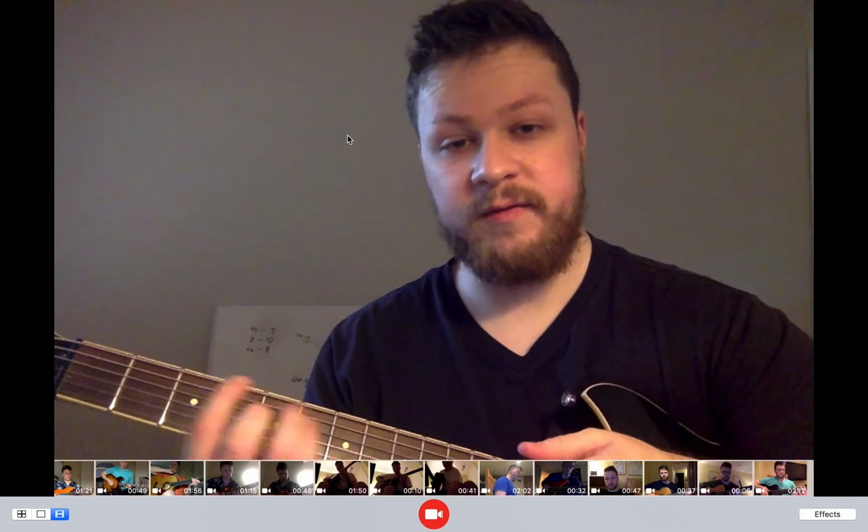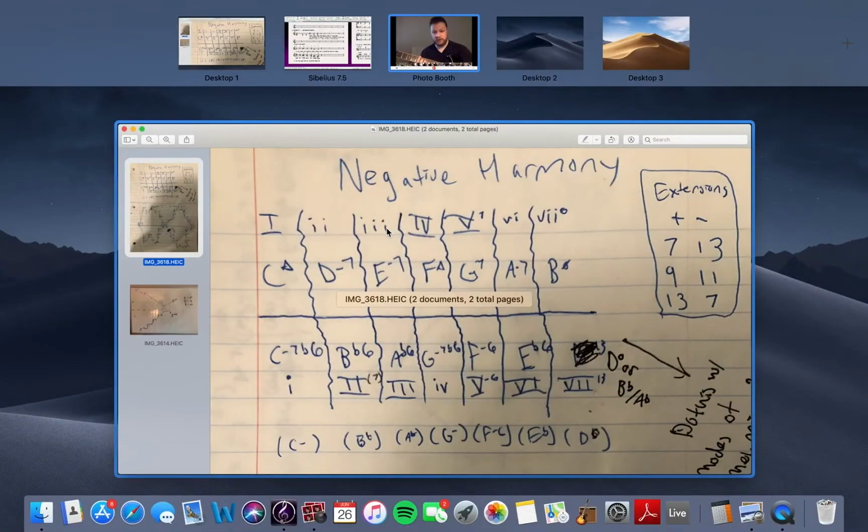So if you have a song that goes, let's say that really common chord progression, 1, 5, 6, 4, you could do a -1, -5, -6, -4, and just look at this chart.